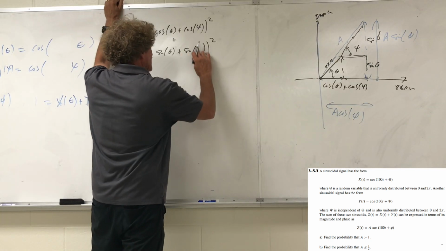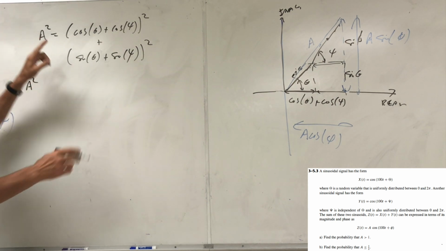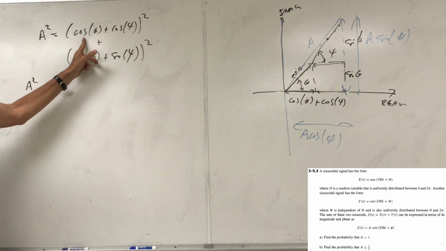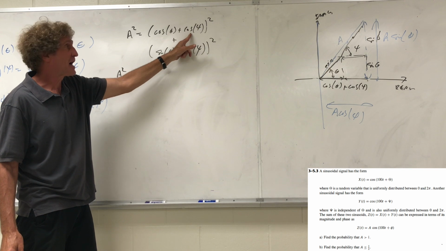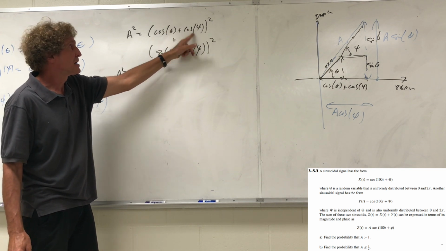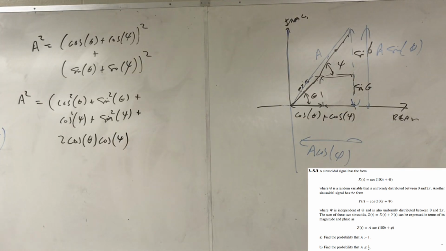Yeah, you're absolutely right. I'm sorry about that. That means a squared here, just follow me on this. When I go ahead and square this, I'm going to get a cosine squared of theta. I'm also going to get a cosine squared of psi. And then I'm going to get 2 times cosine theta cosine psi. I'm going to stop there just so everybody sees it. What is always 1?